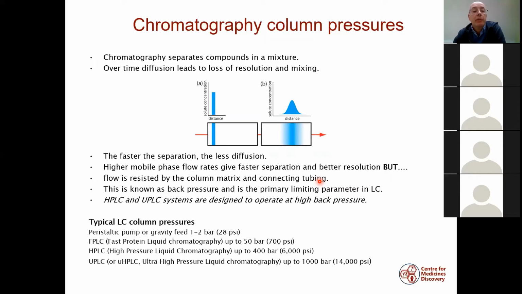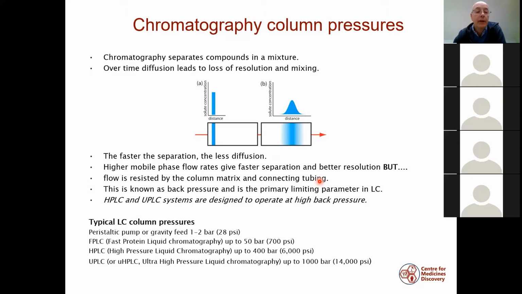So we know that chromatography is going to separate compounds in a mixture, but of course over time diffusion takes over, and those separated compounds are going to try and mix back together again. To lessen the effects of diffusion, the faster the HPLC separation, the less effect the diffusion will have.